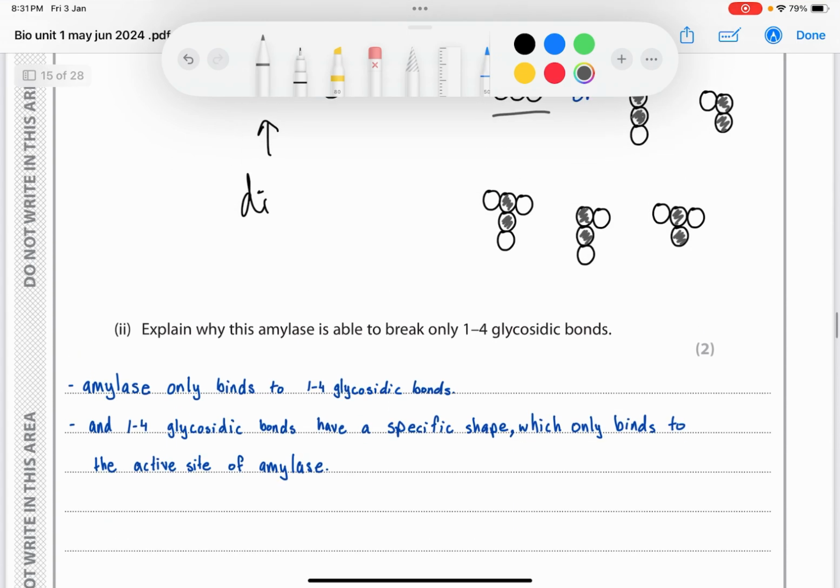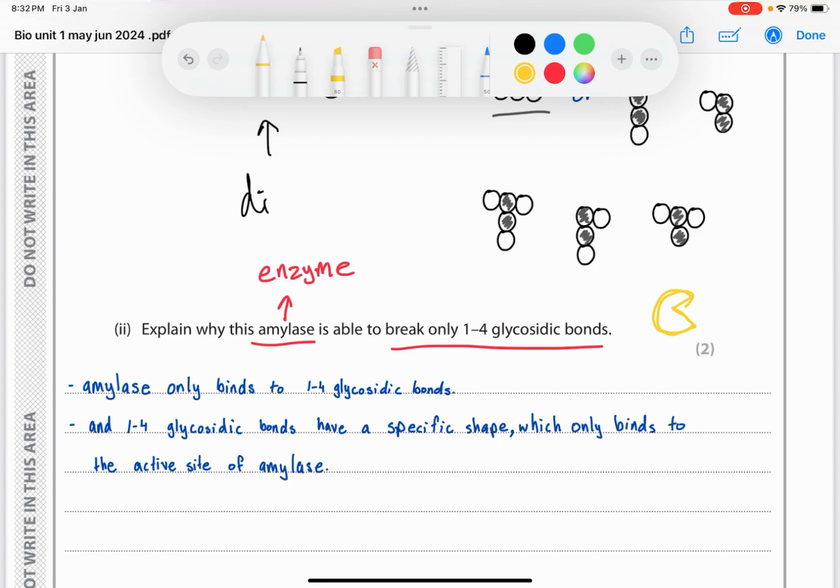Now, they're asking us to explain why this amylase is able to only break down 1 to 4 glycosidic bonds. We know that amylase is an enzyme, an enzyme that breaks down the bond. What we know about enzymes is that they have, of course, this is not their shape, but let's draw a cute little Pac-Man.